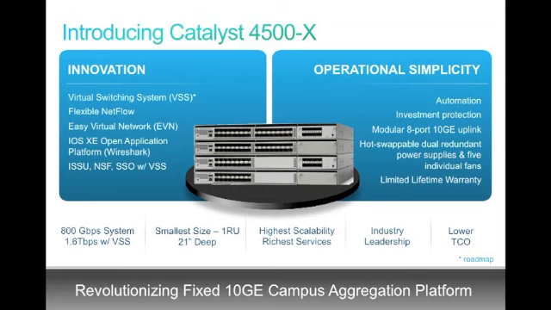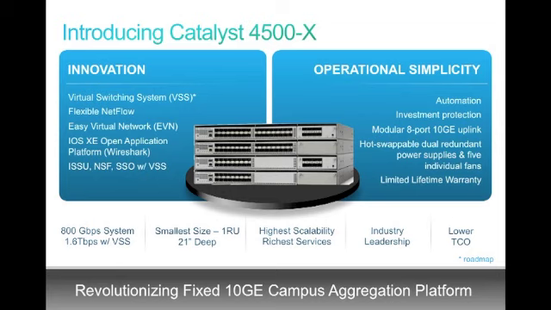It also offers Flexible NetFlow version 9, Easy Virtual Network, the same iOS XE operating system, which is an open application platform, which allows you to run additional applications alongside iOS, which today we offer Wireshark so that you can monitor and capture our control plane traffic on the backplane of the switch.